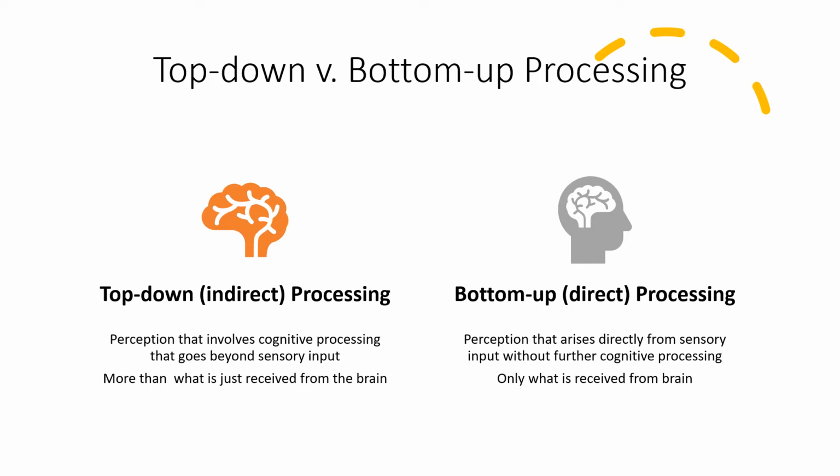Oftentimes, our past experiences impact how we process the world, and that would seem to be backed up by schema theory. Bottom-up processing, on the other hand, says that perception arises directly from sensory input without further cognitive processing. So we see something, our brain attempts to make sense of it, and we add more details onto that particular thing as more information is added.